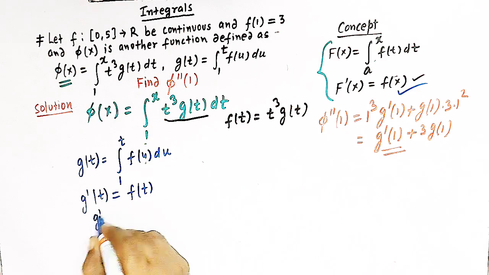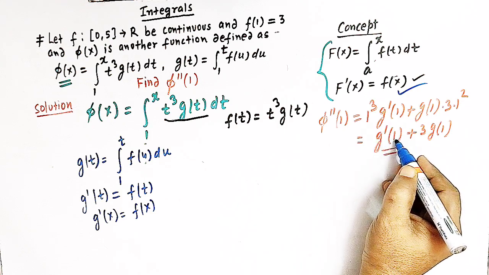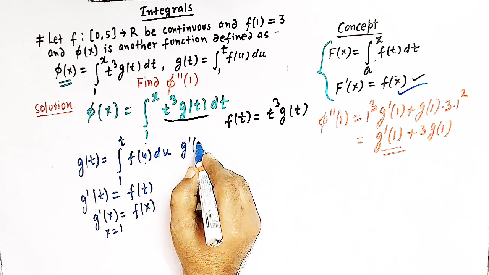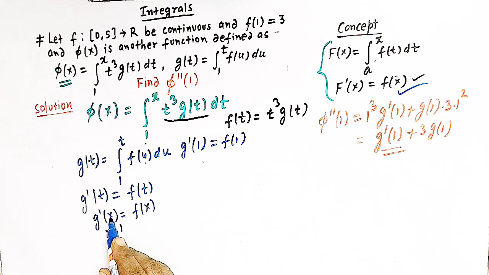So we can write g prime of x is equal to f of x, right? And for g prime of 1, if we replace x by 1, then g prime of 1 is equal to f of 1.